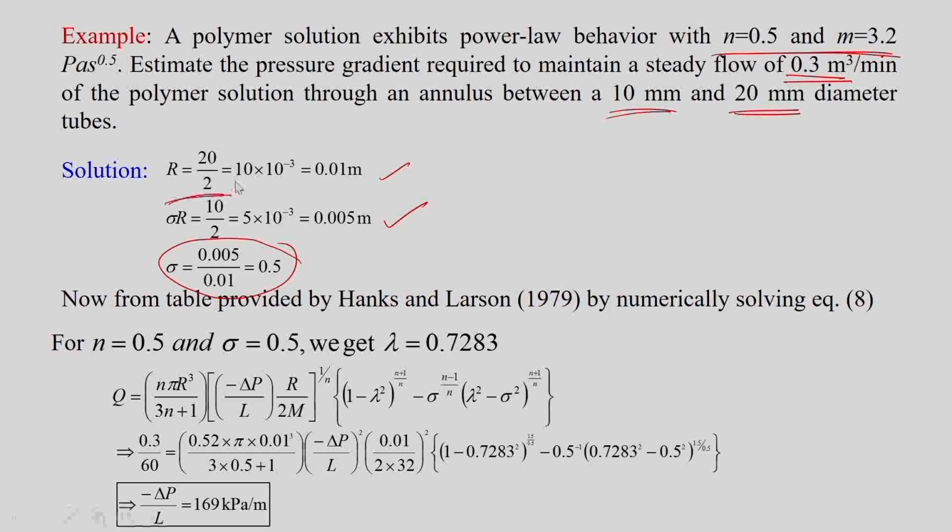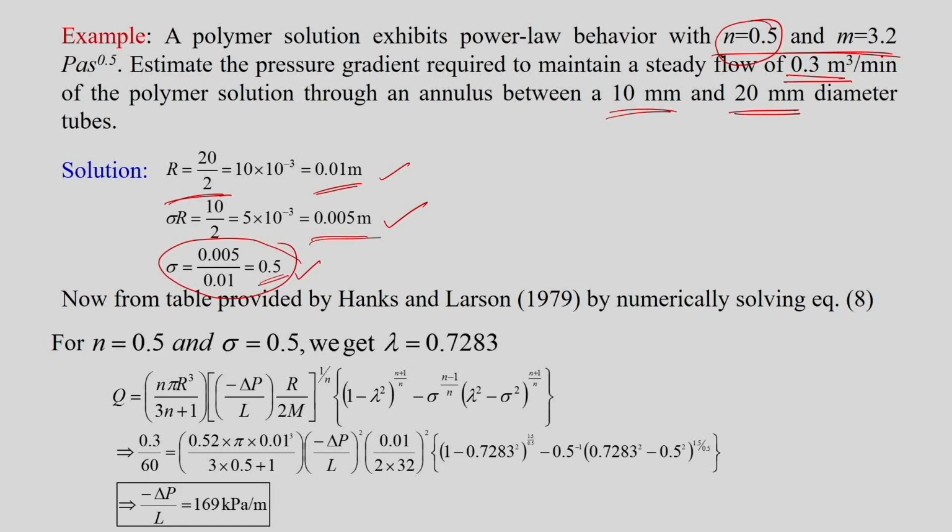R is 20 by 2, that is 10 mm, which is 0.01 meters. Sigma R, the radius of the inner tube, is 10 by 2, that is 5 mm, which is 0.005 m. So sigma is 0.005 meters divided by 0.01 meters, which is 0.5. So sigma is 0.5 and n is also 0.5.